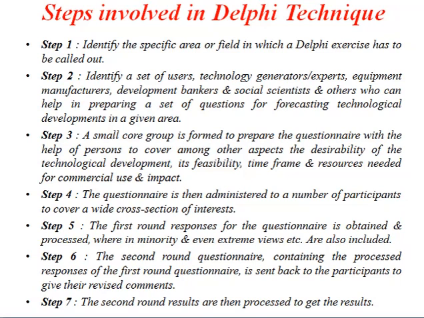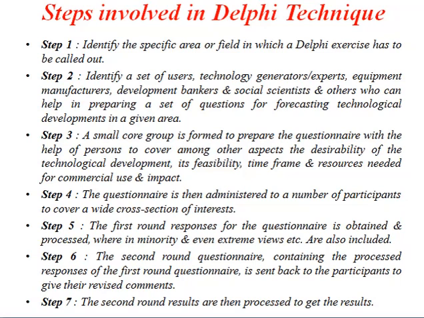All these are the considerations we are going to consider in step 3. Sequentially we'll be following the steps: identification of the area, identification of the users. Now we consider a small core group which will form the questionnaires, to help the person cover all the aspects he wanted to change.